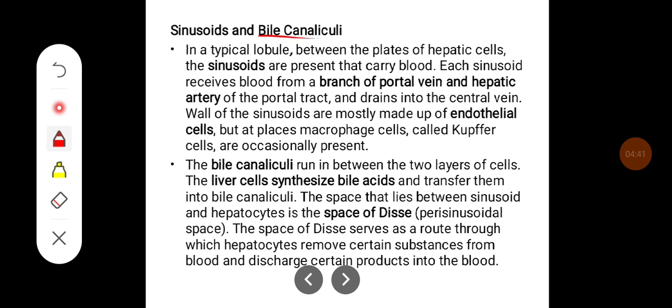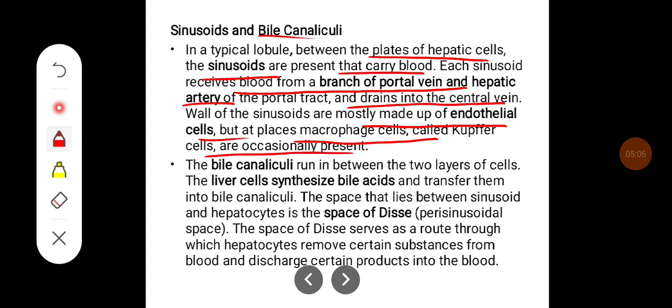Sinusoids and bile canaliculi. In a typical lobule, between the plates of hepatic cells, the sinusoids are present that carry blood. Each sinusoid receives blood from branch of portal vein and hepatic artery of the portal tract and drains into the central vein. The wall of the sinusoids are mostly made up of endothelial cells, but at places macrophage cells called as Kupffer cells are occasionally present.